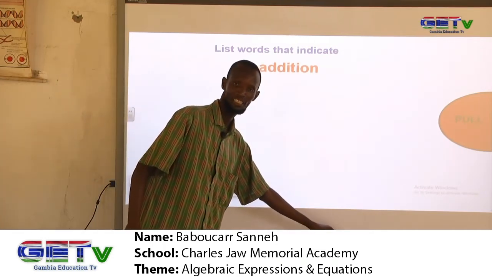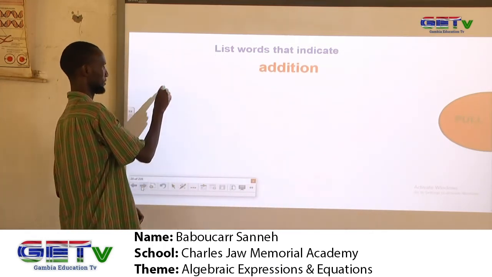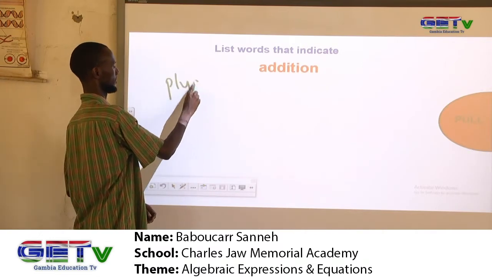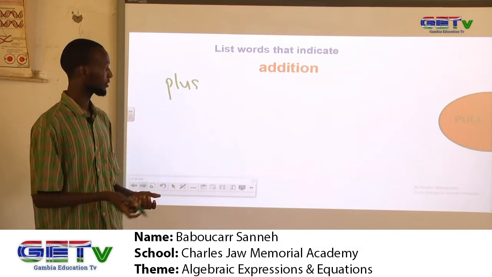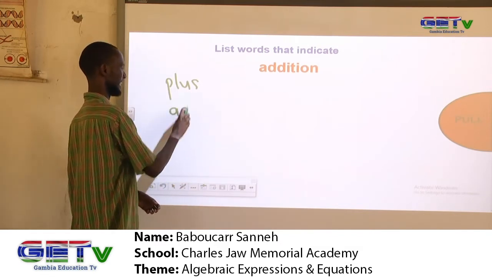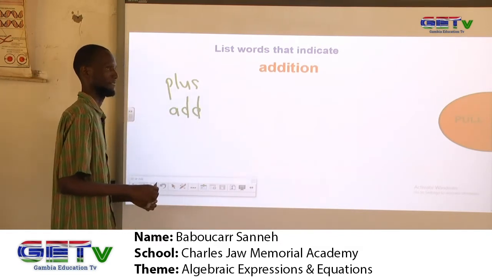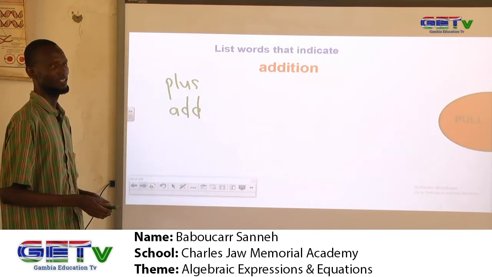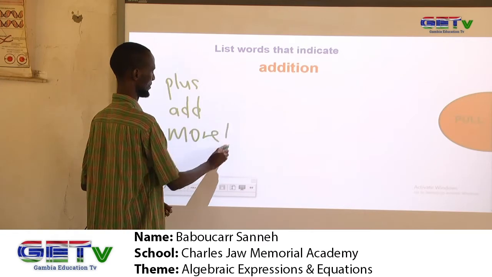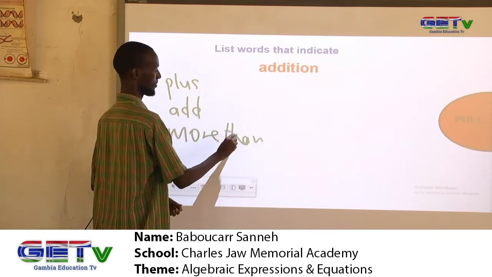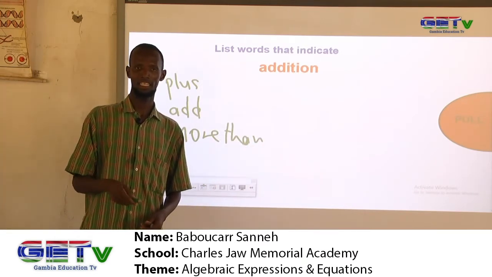Now, the easiest we can all remember is plus. We know plus is addition. And we can also take add. Add is definitely addition, just as it is in the name. Again, we can think of something like more than. More than also indicates addition.